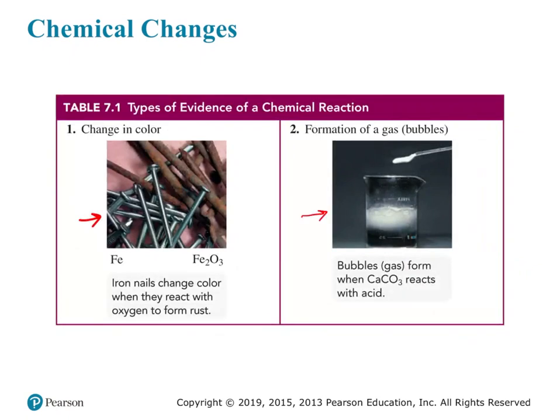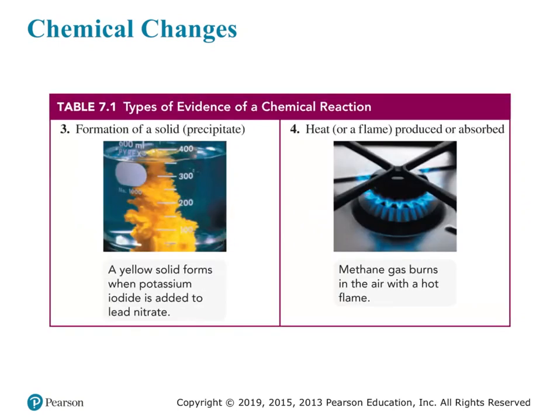Now, in this particular reaction that's shown, calcium carbonate, which is found in antacids like Tums or Mylanta, reacts with acid to produce a gas. And then we just talked about the formation of a solid, which we actually call a precipitate.